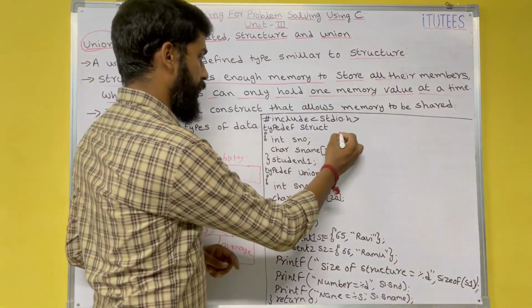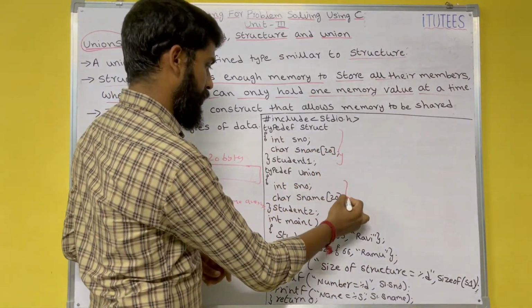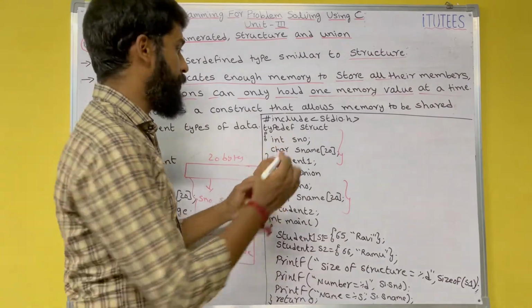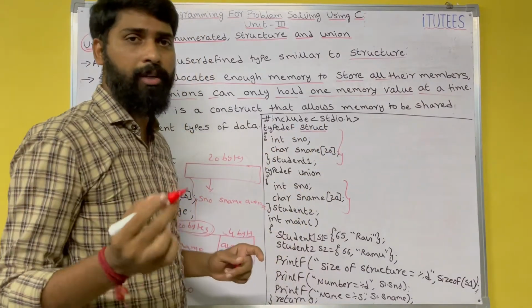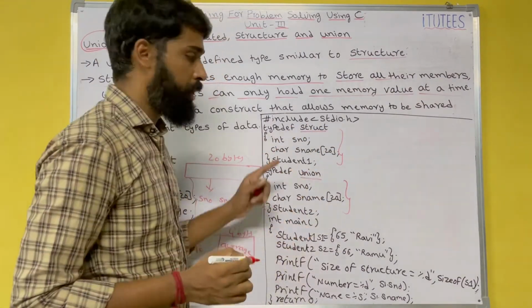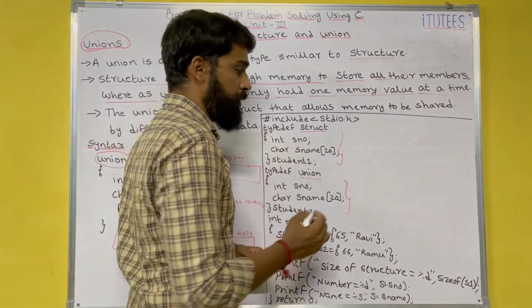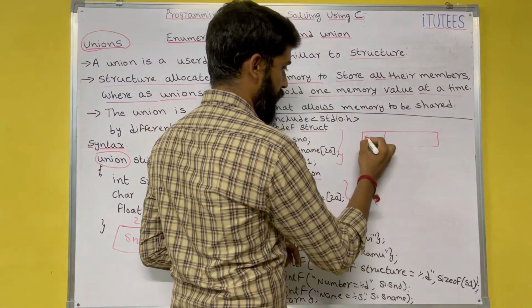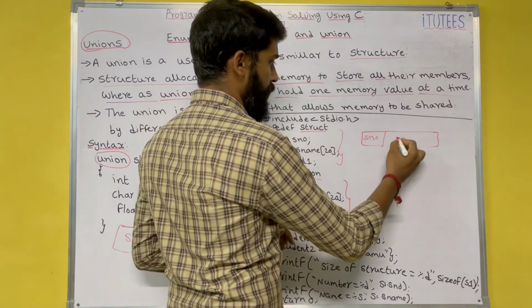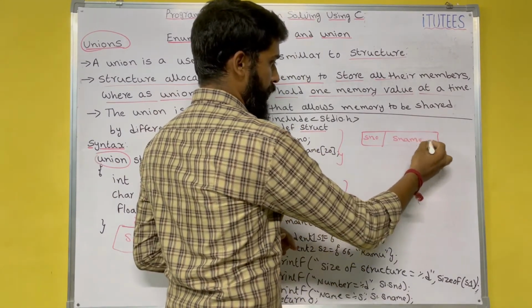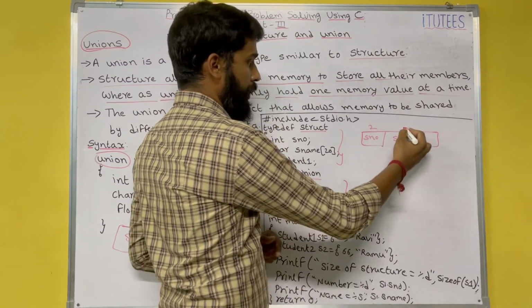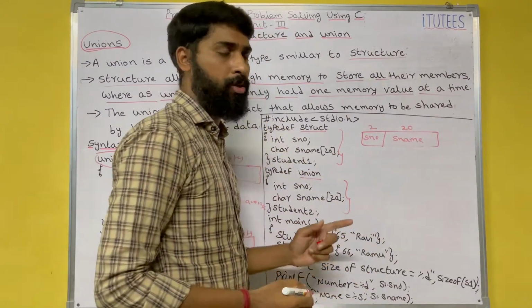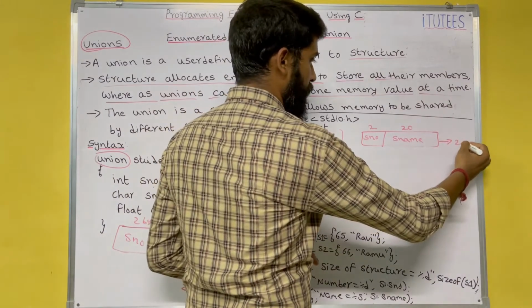Here we are taking two structures. One is defined with the help of the struct keyword, another one with the help of union. Now in this struct there are two fields: S number and S name. Integer is 2 bytes and the array is 20 bytes, so 22.